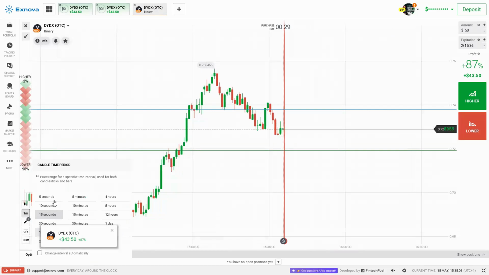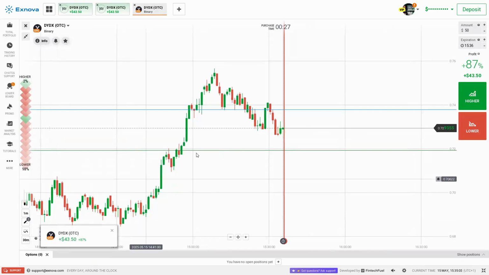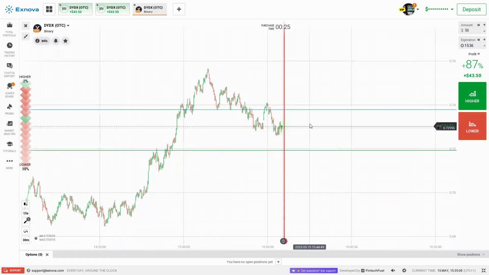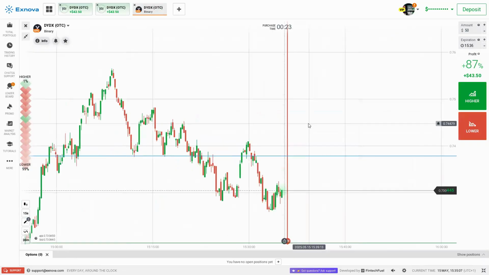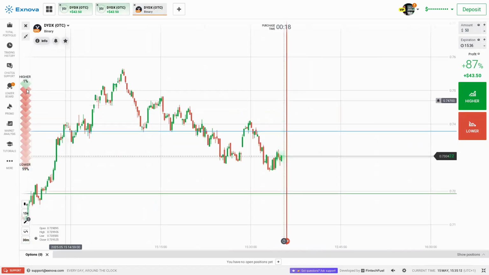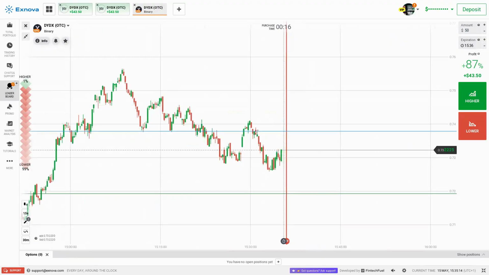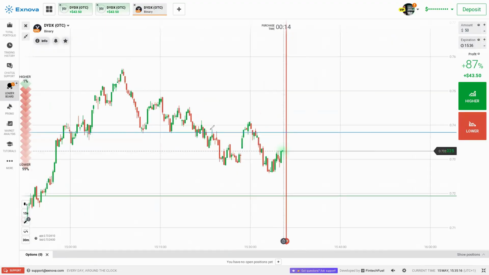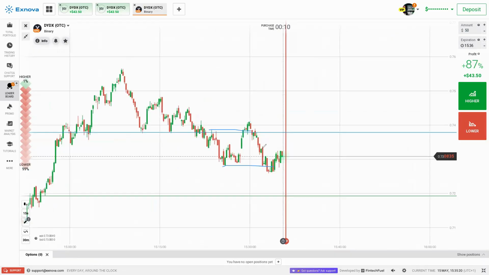So let me look at my 15 seconds chart just to see the kind of price action we're getting here. If I'm expecting the market to keep on selling, I like this sweep of this high. I like the break of structure, and maybe around the 50% of this drop, I would like to sell again.